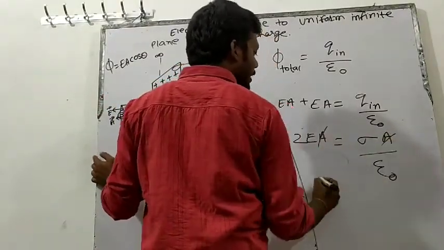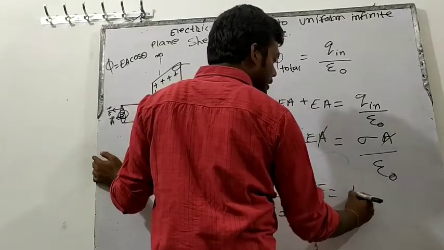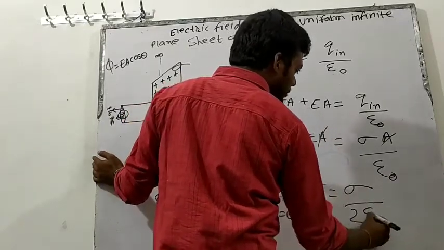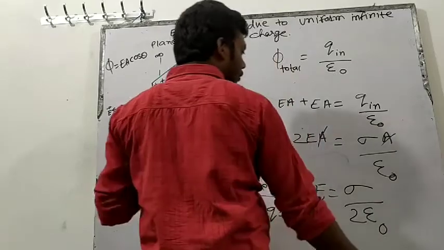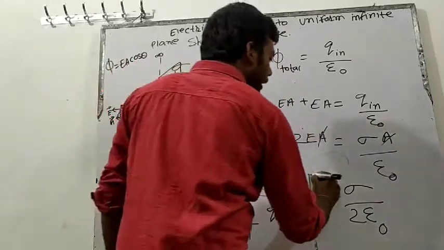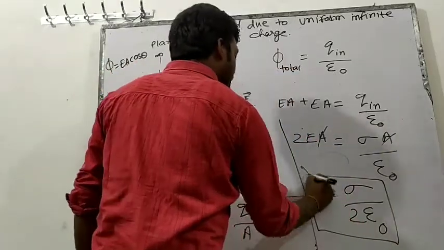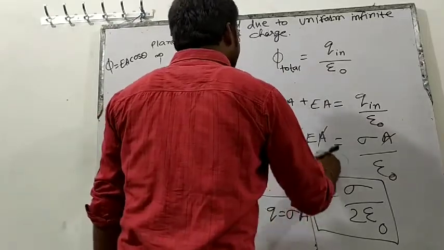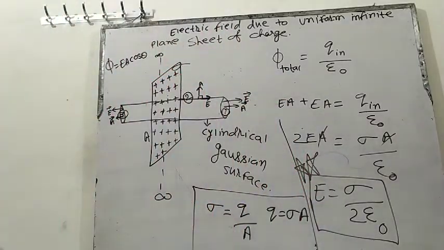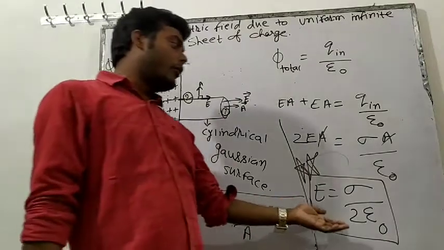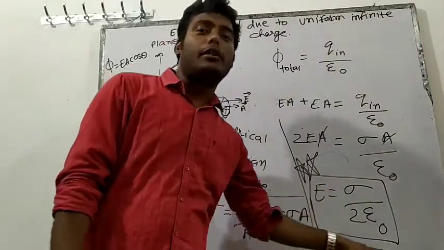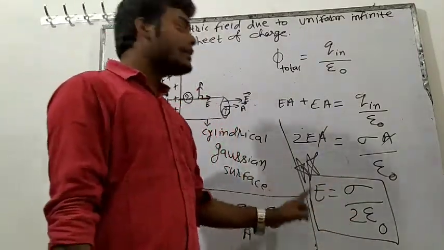Something will be cancelled off, so the electric field will be sigma by 2 epsilon naught. This is the answer. The electric field due to a uniform infinite plane sheet of charge is sigma by 2 epsilon naught, where sigma is the surface charge density.